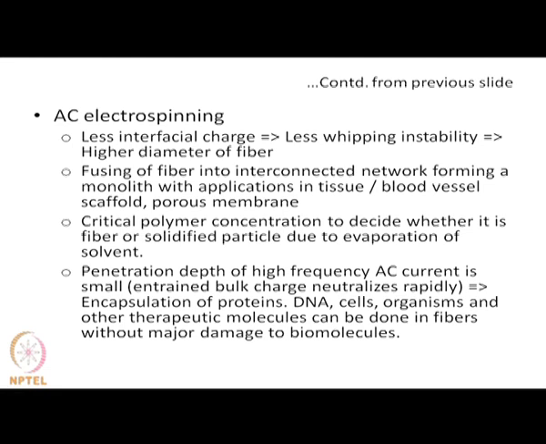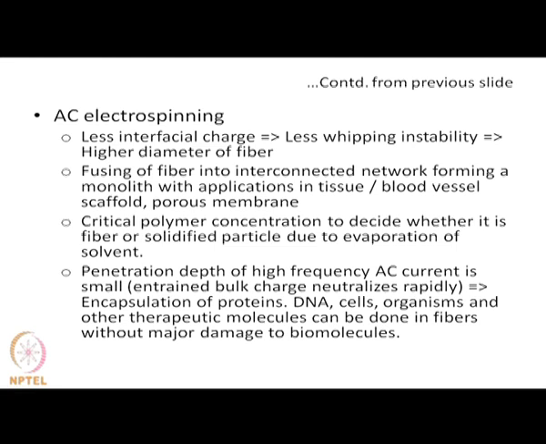Now there is also another point here, which is a critical polymer concentration that decides whether it is fiber or solidified particle due to evaporation of solvent. So in case of AC electrospinning, first of all we said that there will not be a single fiber strand that comes out. So it would be small strands, small pieces of opposite charges that are coming out.